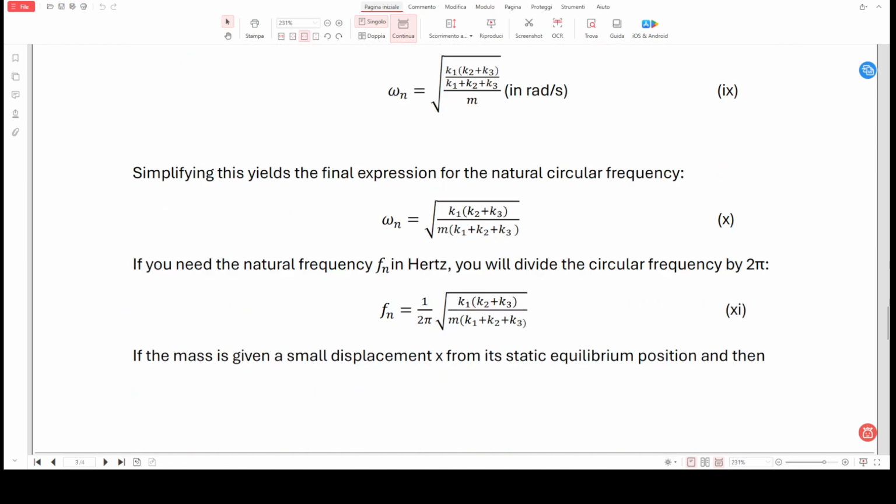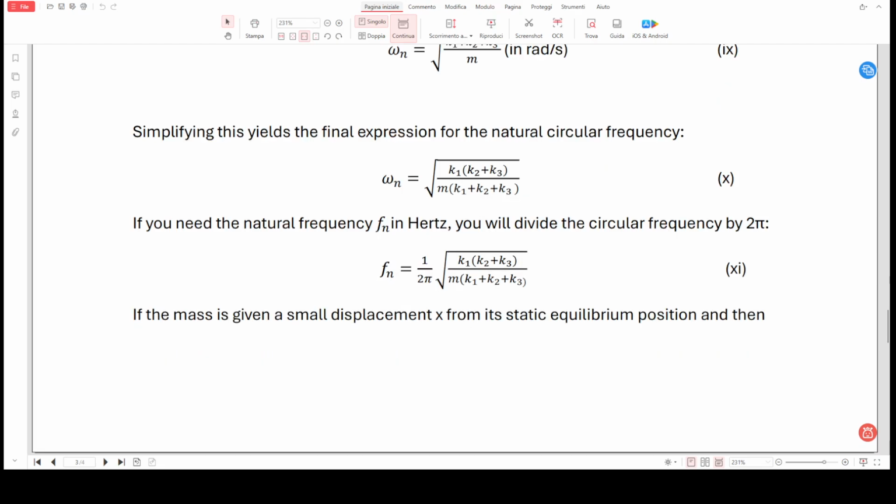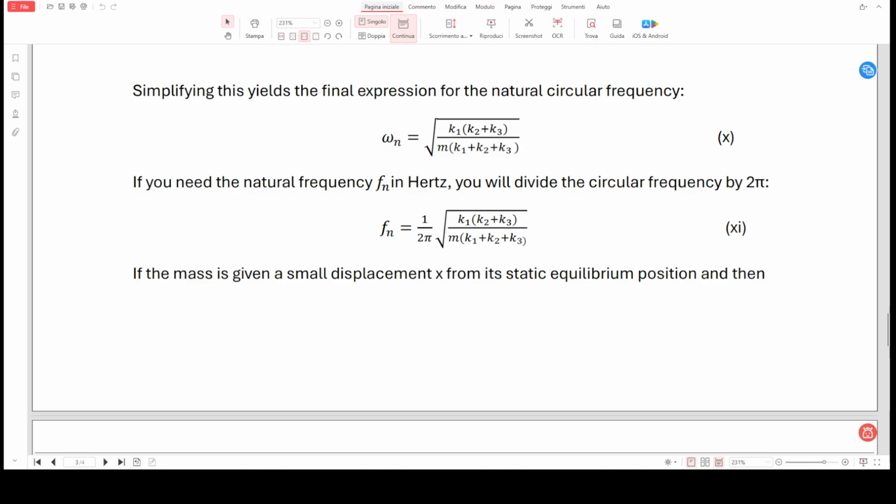The natural frequency is divided by 2 pi, so we can write finally this formula.